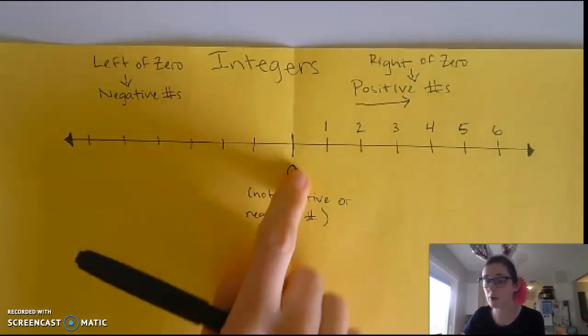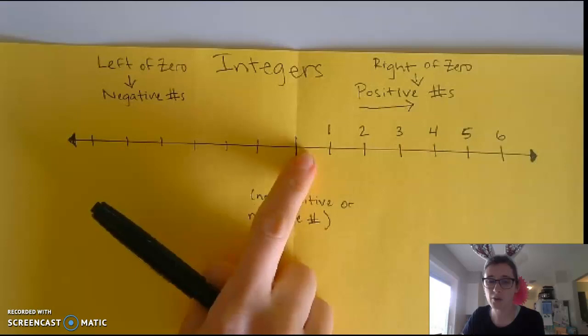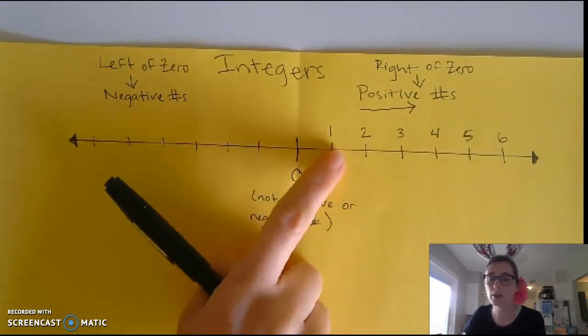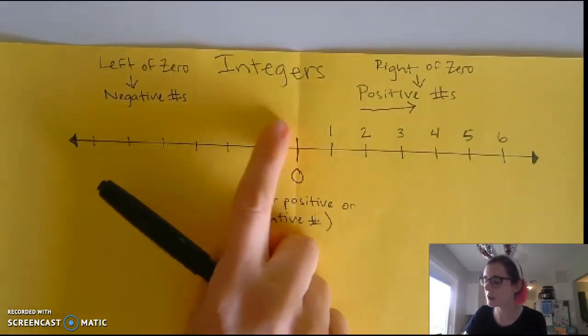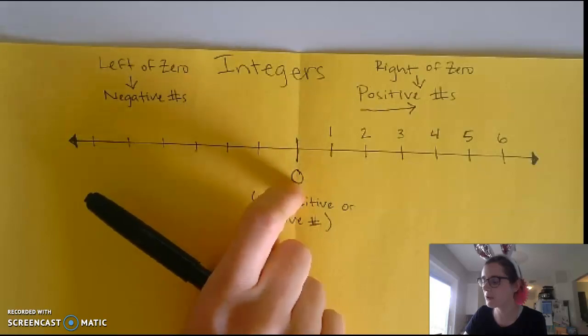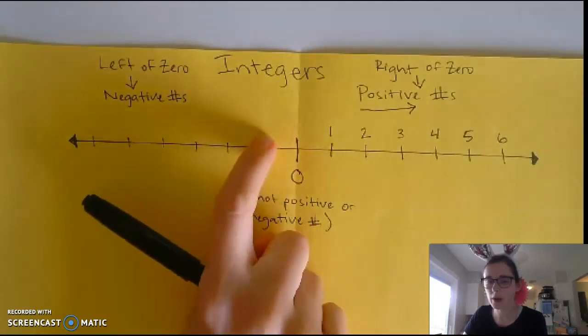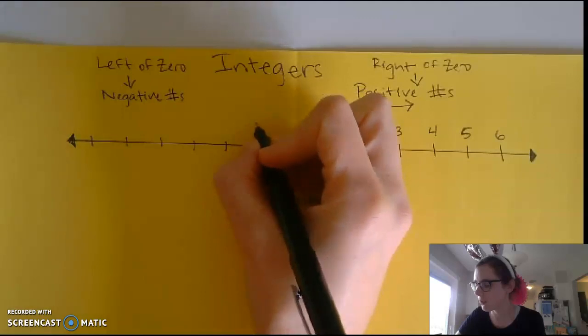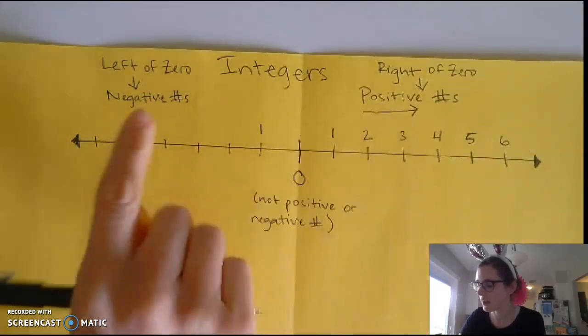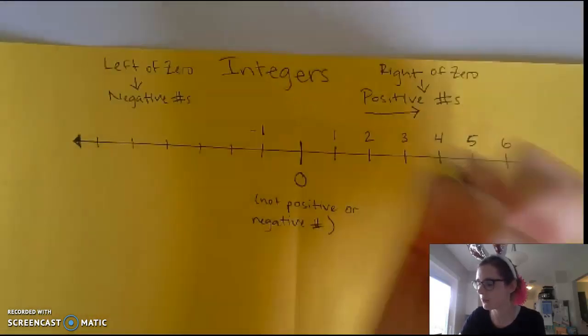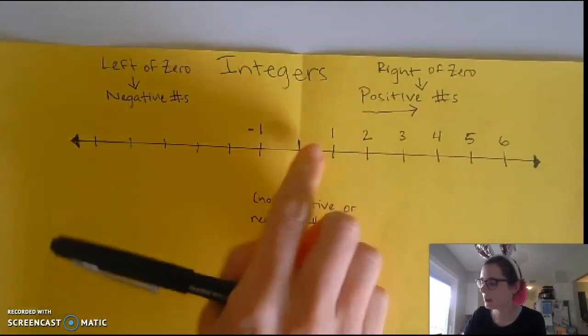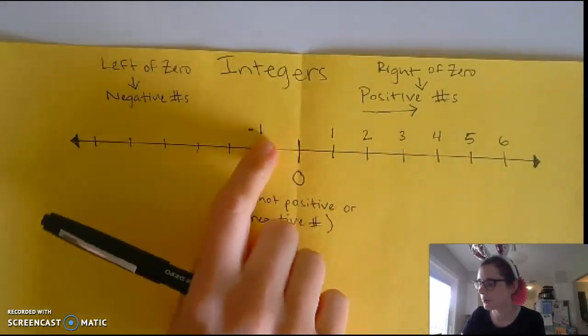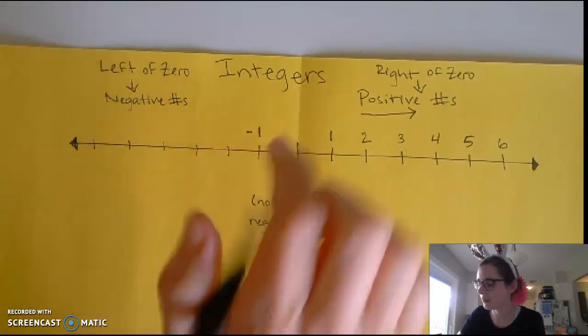So from 0, I'm going to start at 0. And just like I hopped this way on the positive side, I'm going to hop this way. Because I'm on 0 here, I am now 1 away from 0. So this becomes 1, but since I'm on the negative side, it's going to be -1. I went from 0 to -1, and then I'm going to go to -2.